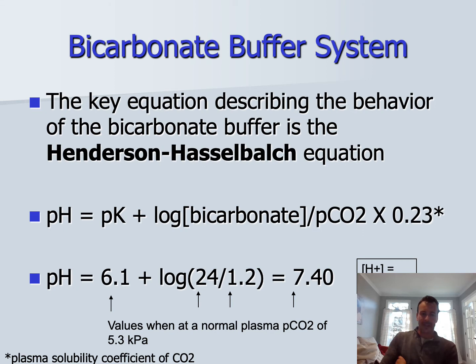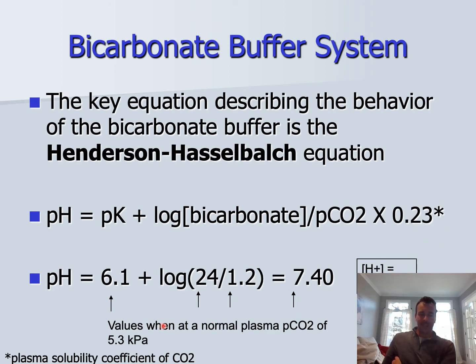We talked about the Henderson-Hasselbalch equation in the past, so we can just think about this for the bicarbonate system. pH is equal to the pKa plus the log of the anion over the acid. You also have to use a solubility coefficient because carbon dioxide is not fully soluble here.